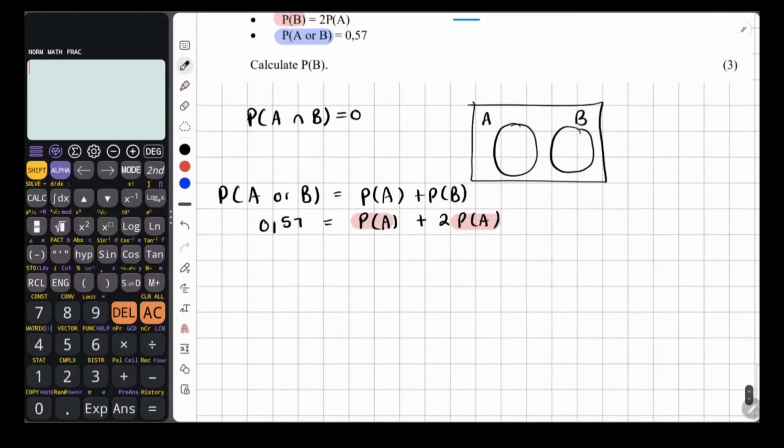That is like saying 1 probability of A plus 2 probability of A, which will be equal to 3 times the probability of A. And that's 0.57 that we have.